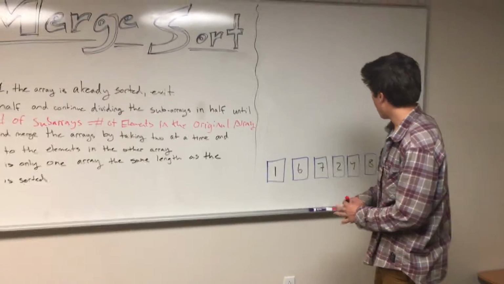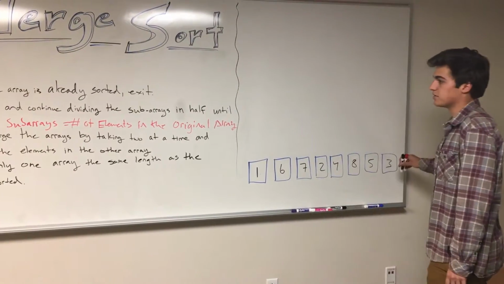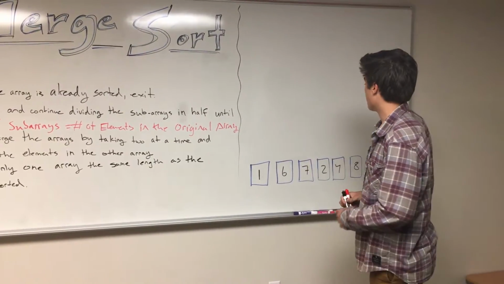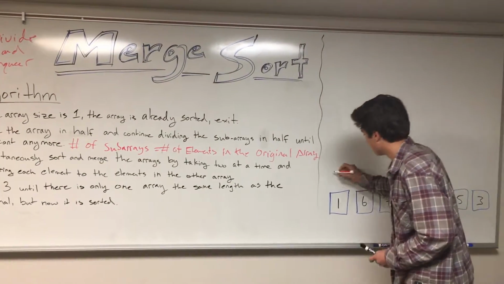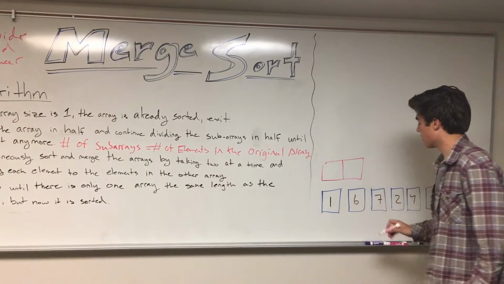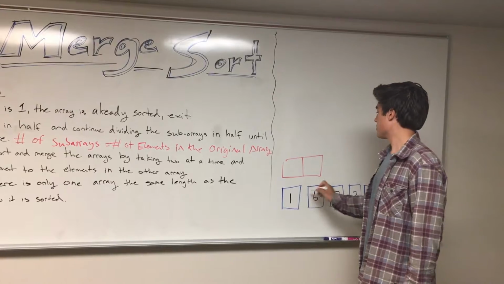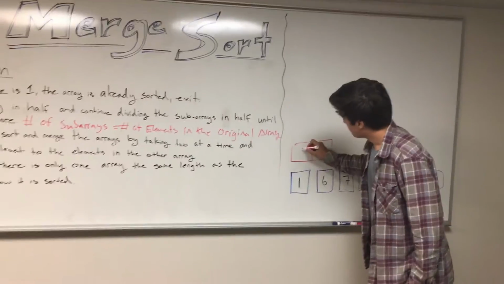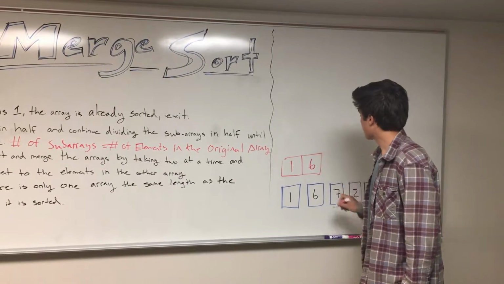So we have these 8 numbers, the 8 separate arrays that have been the result of number 2, and then we're just going to start comparing. So we're going to compare these 2 arrays first. We're going to compare 1 to 6, and since 1 is smaller than 6, 1 gets put on as the first element of the array, and 6 gets put as the next element of the array.